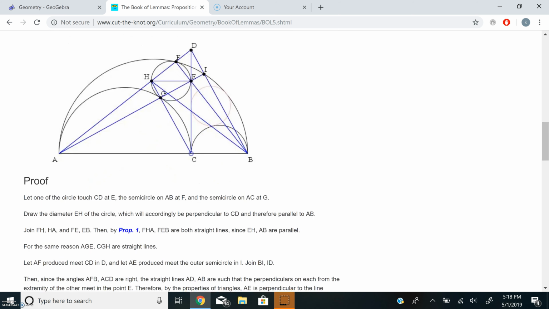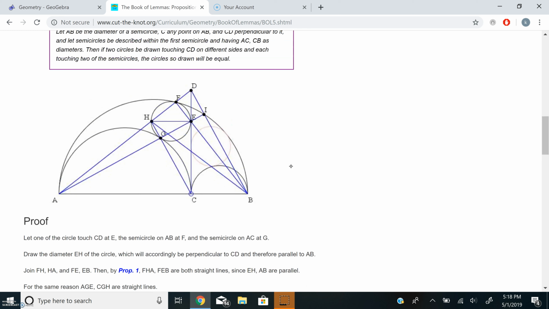And then it states that the circle inscribed intersects with line CD at point E. And then you draw the diameter of the circle, which happens to be HE, so that E is the intersection of the circle and line CD. It is also perpendicular to the line CD, which means that it is parallel to line AB, as stated down here.